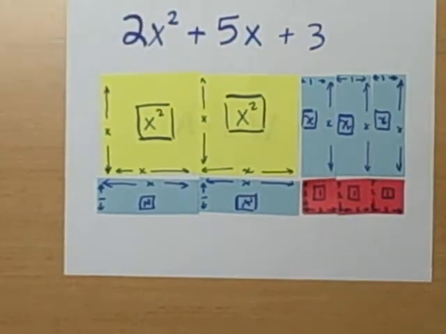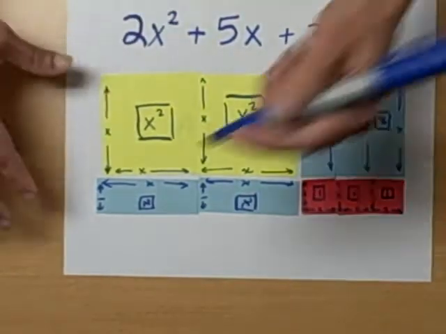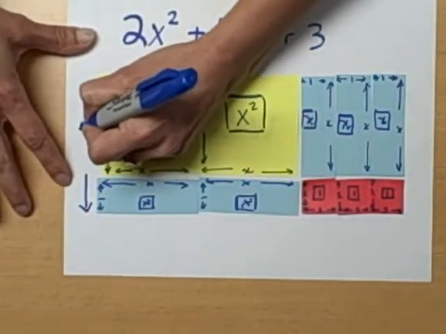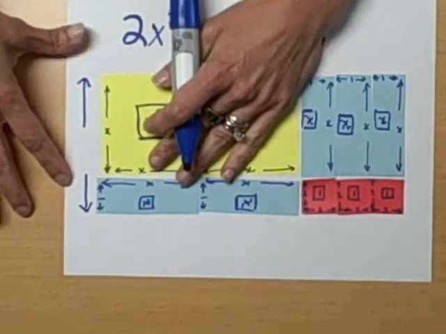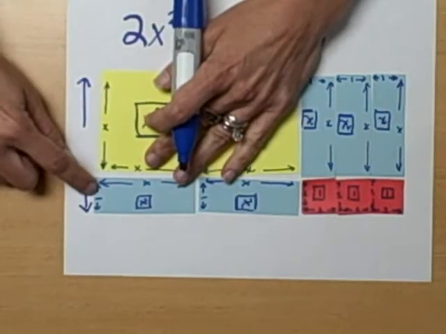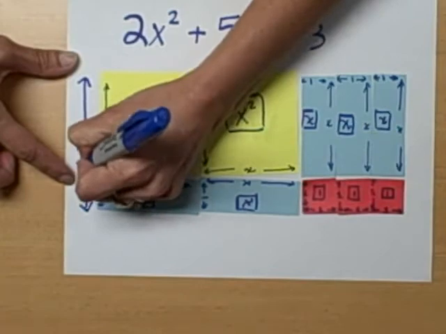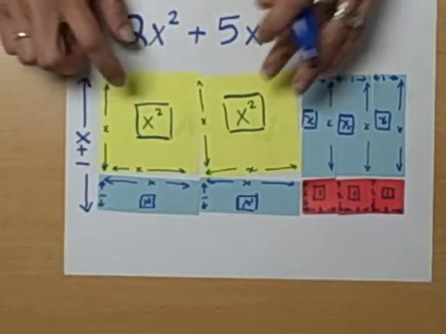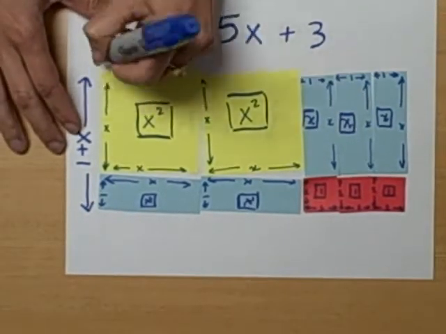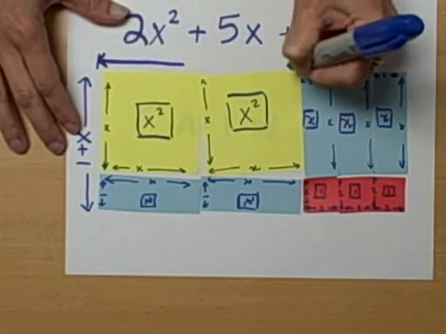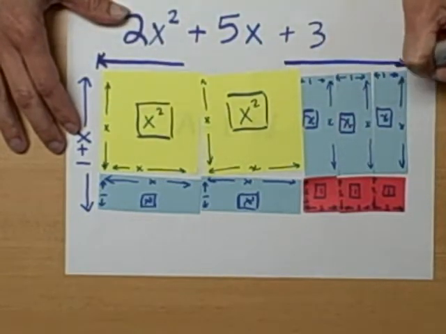Now let's find out what its length and width are. Let's see how wide it is from here to here. It is x plus 1. Let's see how far it is from here to here.